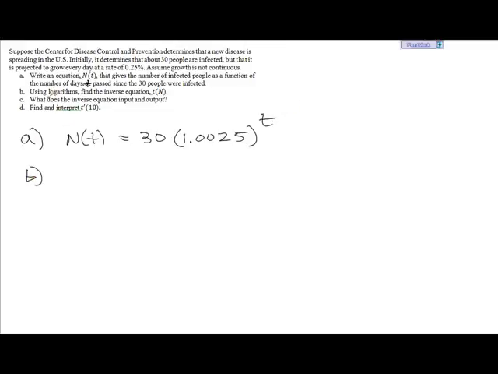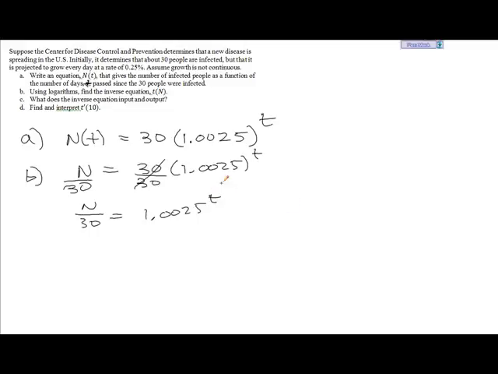In letter B, we want to use logarithms to find the inverse equation t of n. What I'll begin by doing is omitting the function notation to make this a little bit prettier to work with. Next, I'm going to divide by 30 because I want to isolate t. So I have n over 30 equals 1.0025 to the t.